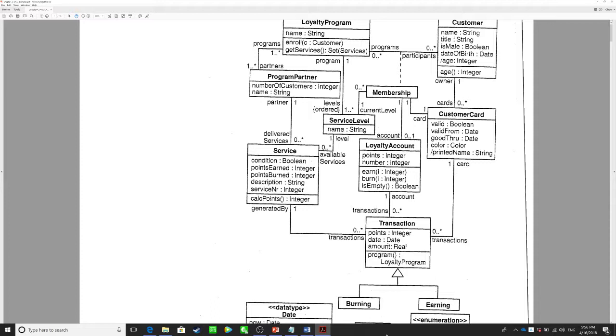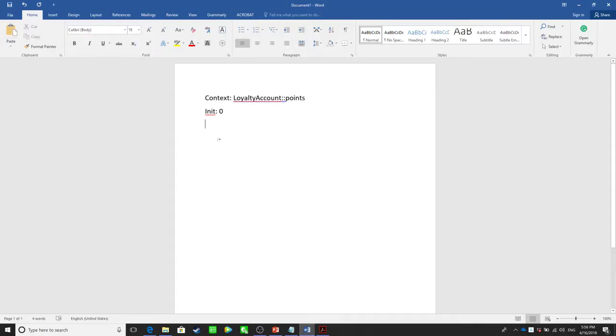Yes, correct. So the context becomes customer card, and the initial value should be, so we're using context and init.